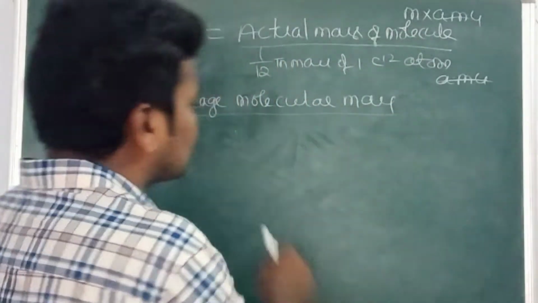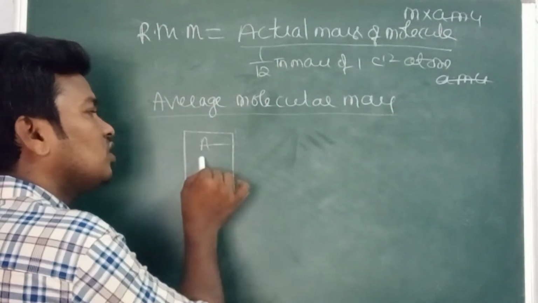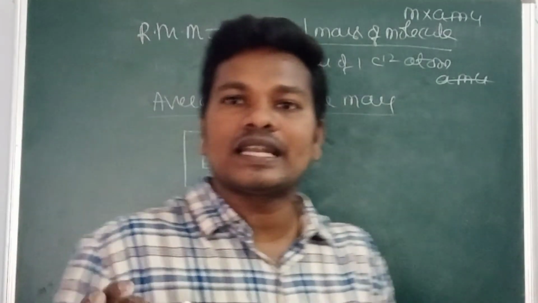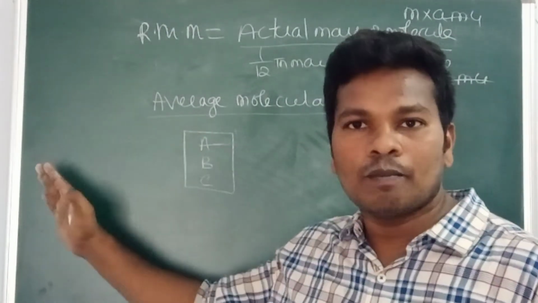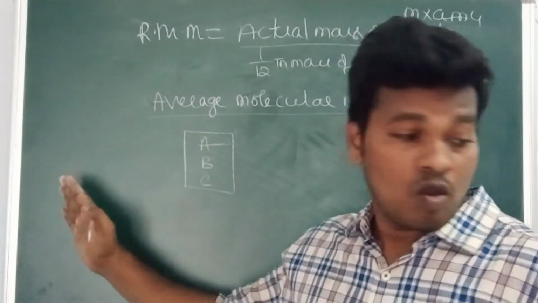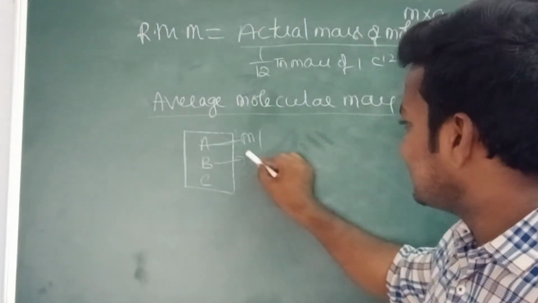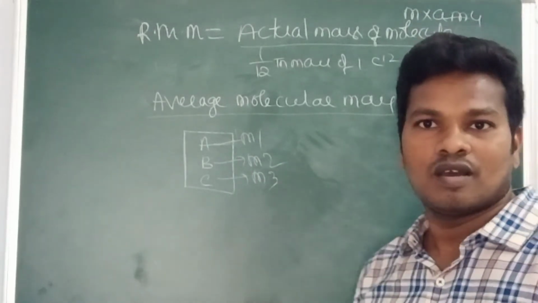For example, this is the beaker, in this A molecule is there, B molecule is there, C molecule is there. Three different types of molecules. A having one molecular mass, B having one molecular mass, C having one molecular mass. Let us say it is M1, M2, M3, the molecular masses.